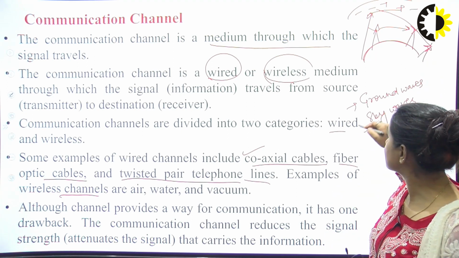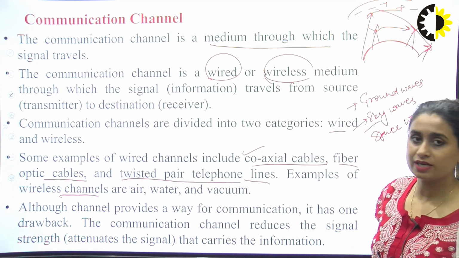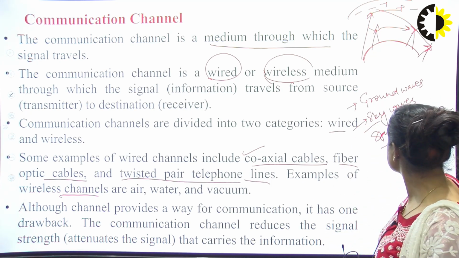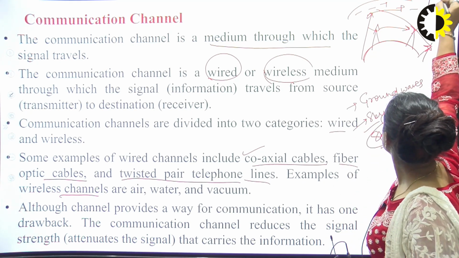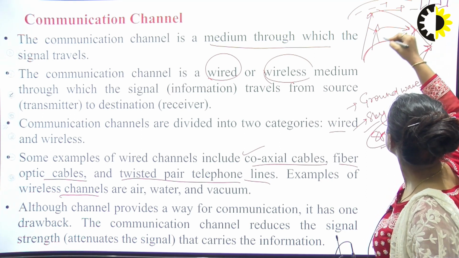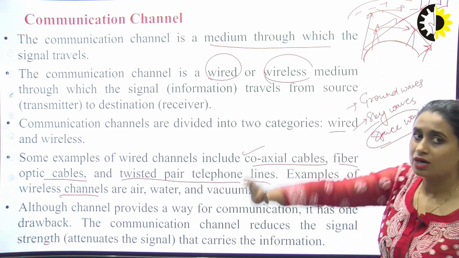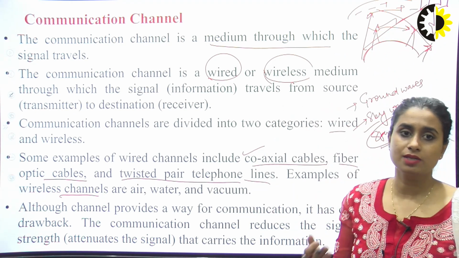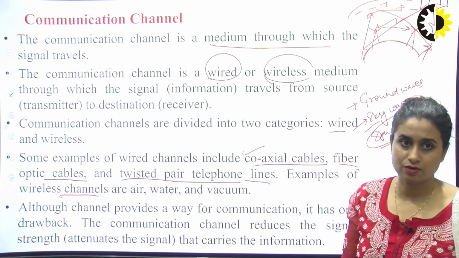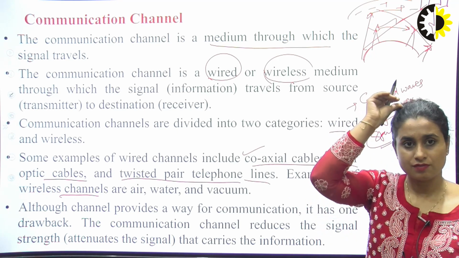So we increase the range of communication as well as the frequency of communication. And through space waves, we use mirrors in space, that is satellites, and through towers, we can achieve worldwide communication. So even wireless communication can be classified on the basis of frequency.